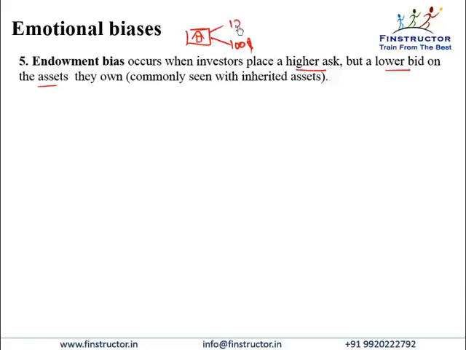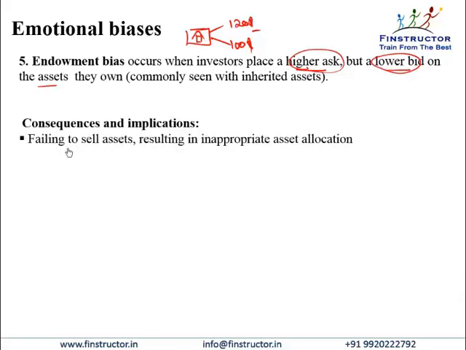The answer would be $120. So investors place a higher ask but a lower bid. This may result in the investor failing to sell assets and failing to adjust his asset allocation. So maybe he doesn't need a big house in his portfolio. He needs more bonds and stocks. But because he's unable to sell the house because of his endowment bias, he's unable to meet his portfolio objectives.